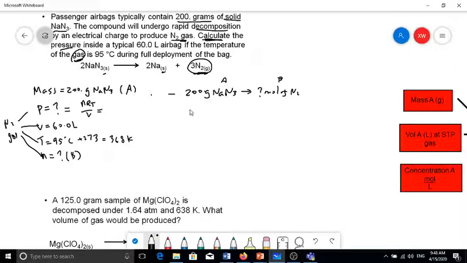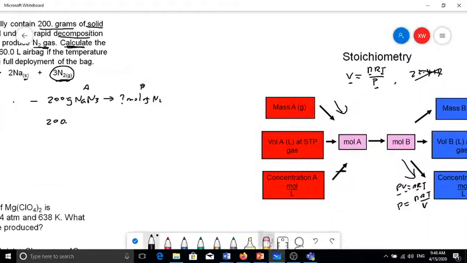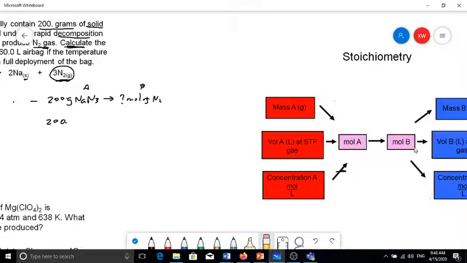So mass of A, trying to find the mole of B. According to this, we're trying to find mole of B, and we have mass of A, so we need to do mass to mole conversion first.